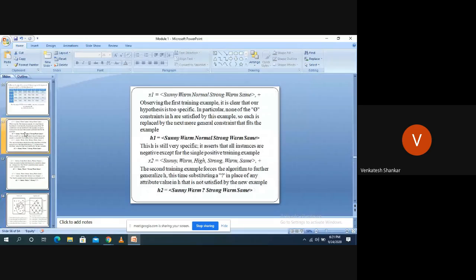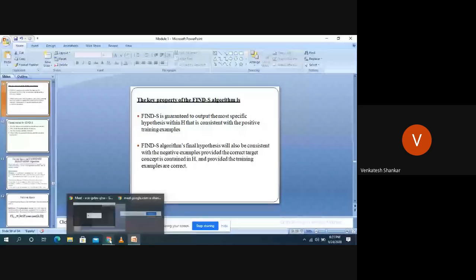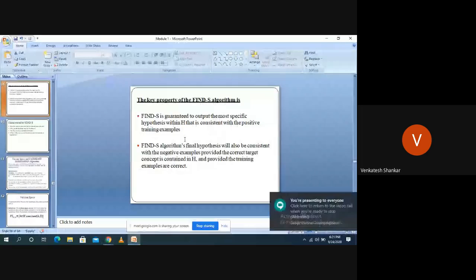I'll move towards the key property of the FindS algorithm. What is the property of the FindS algorithm? The main property is that FindS is guaranteed to output the most specific hypothesis within H that is consistent with the positive training examples.